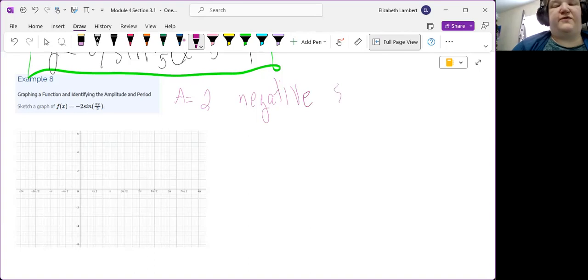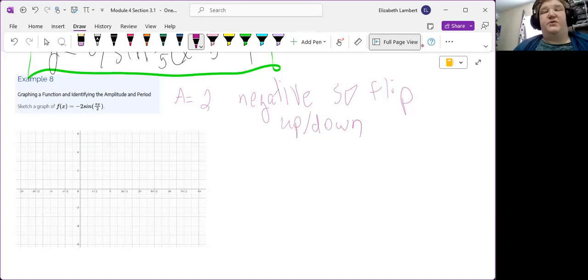So we're going to flip. I'll sometimes write it like this. So the flip is the top for the bottom. And then our period is 2 pi over our b value here, that's pi x over 2.